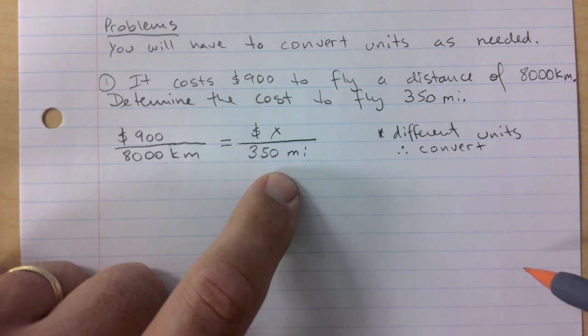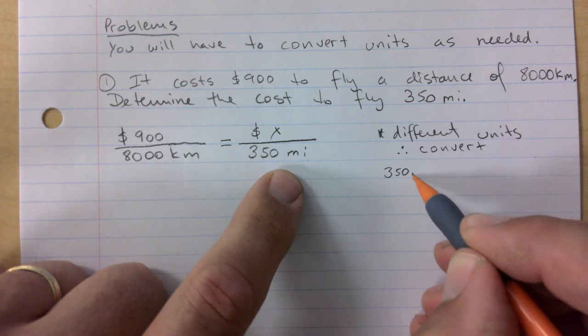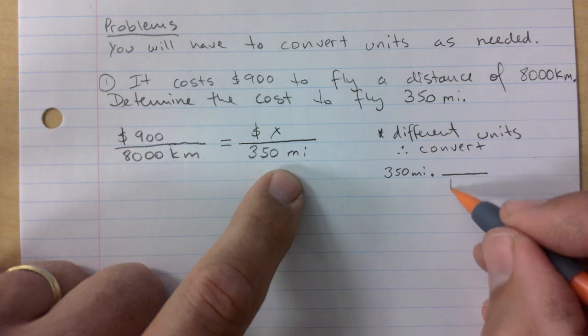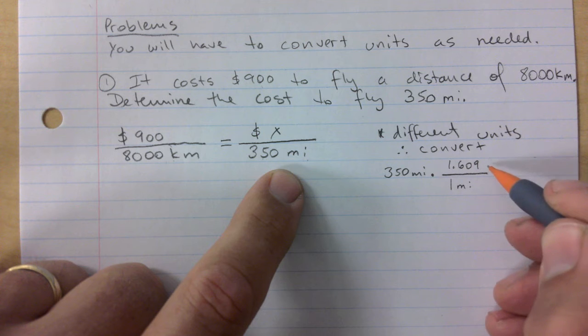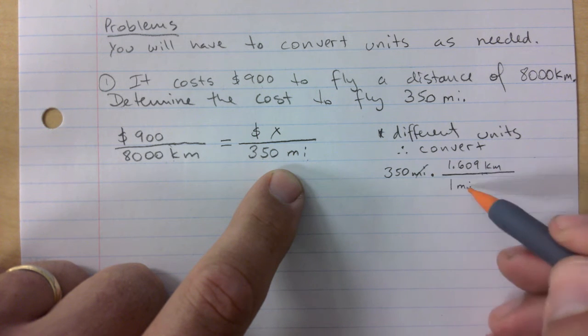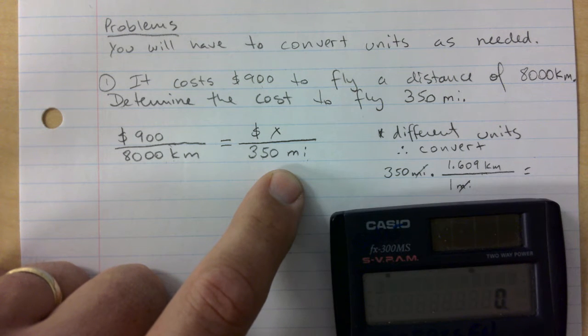So you decide what you want to do. Go miles to kilometers, or kilometers to miles. I'm going to convert 350 miles to kilometers. Miles cancel out. And I will not round.